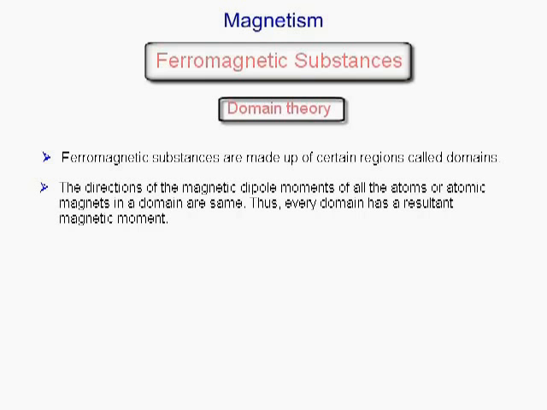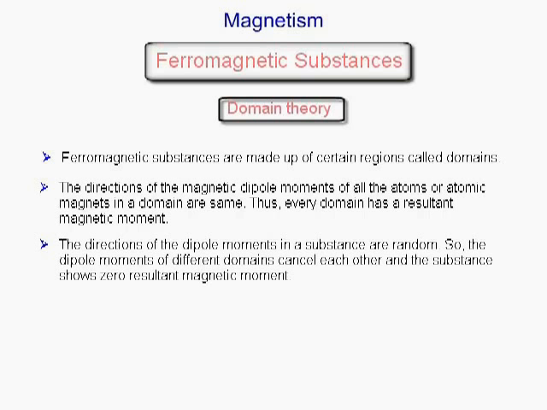The directions of the magnetic dipole moments of all the atoms or atomic magnets in a domain are same. Thus, every domain has a resultant magnetic moment. But the directions of the dipole moments of different domains in a substance are random. So, the dipole moments of different domains cancel each other and the substance shows zero resultant magnetic moment.